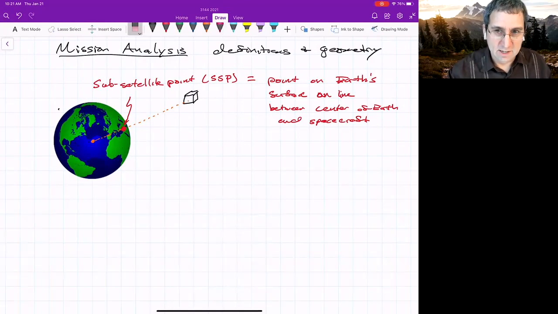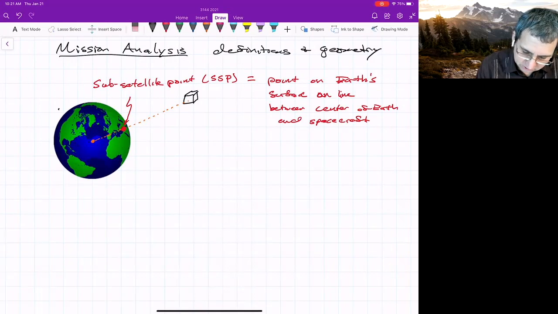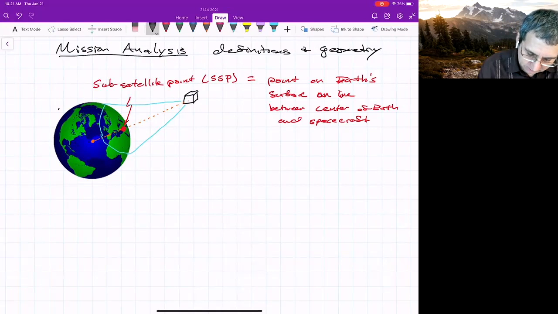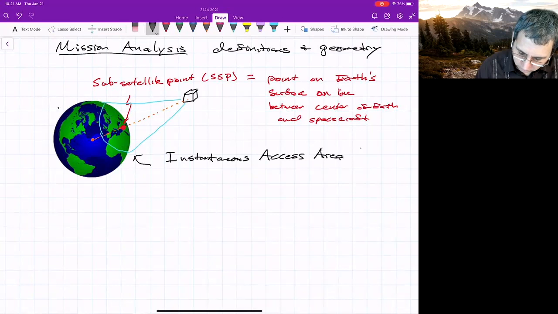I don't know why they don't call it the instantaneous viewing area, but it's the instantaneous access area. So we can view that as a cone. Maybe I'll try to use a slightly different color here. What can the satellite see? It can see basically some circle on the Earth, and that's the instantaneous access area. Or we'll write IAA.